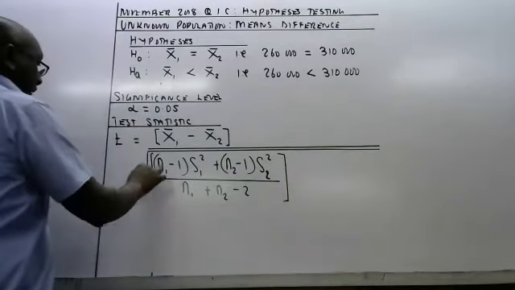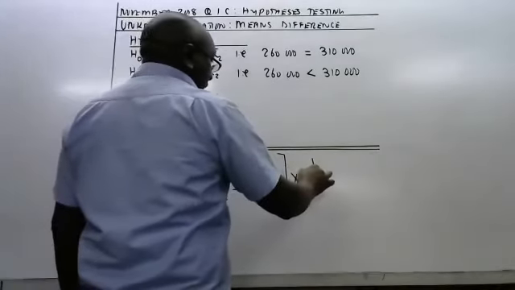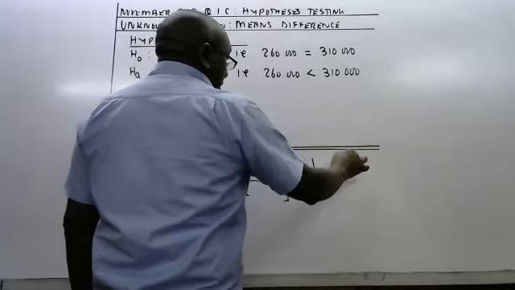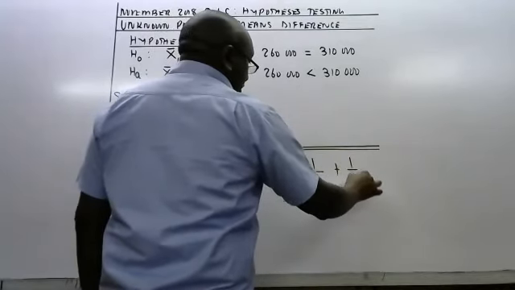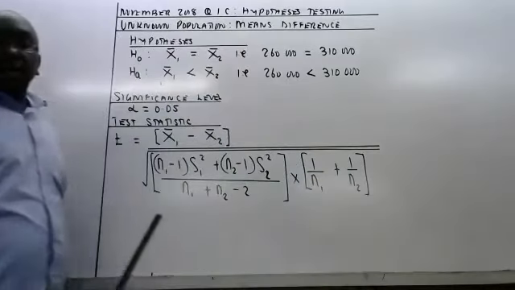This one you put in brackets like that. Then you say times 1 out of n1 plus 1 out of n2.